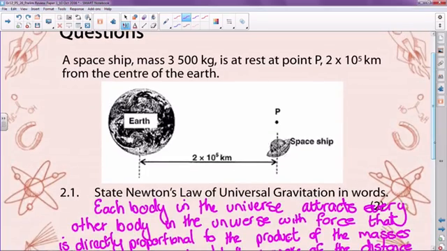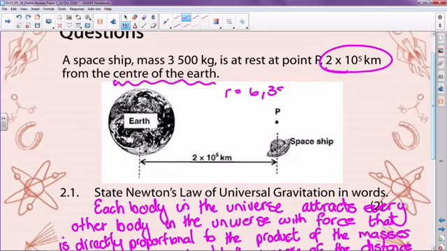When I did this at home, I didn't read this properly, because it says from the center of the Earth. What I did, silly me, is I took this value and added it to the radius of the Earth, which is 6,38 times 10 to the 3. That makes the distance really, really big, which makes the force of attraction really small, which is fine. That wasn't the issue.